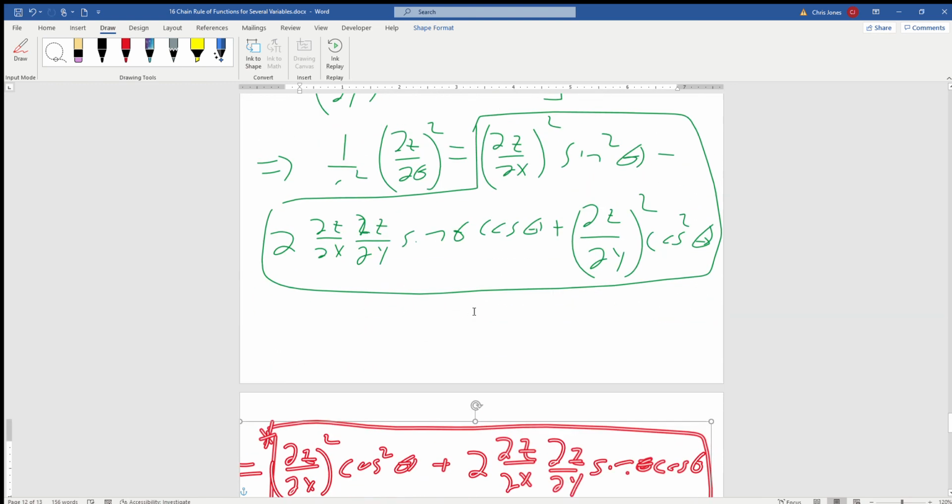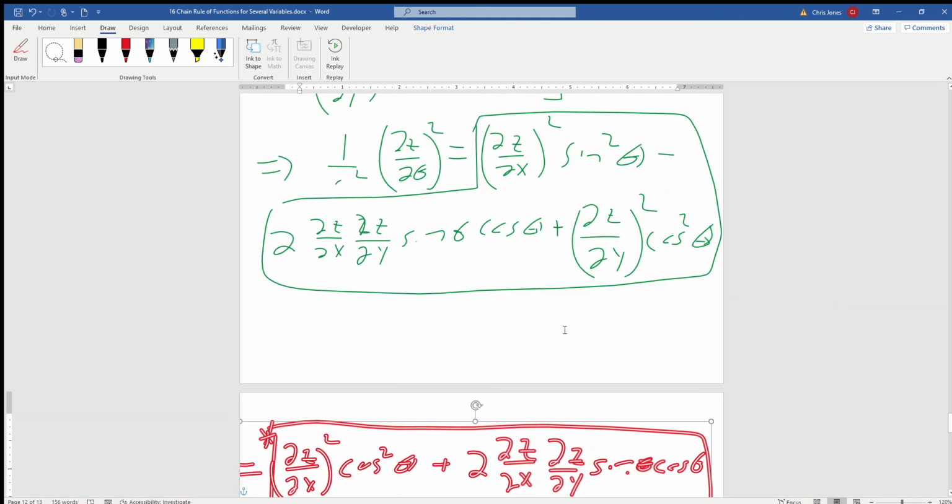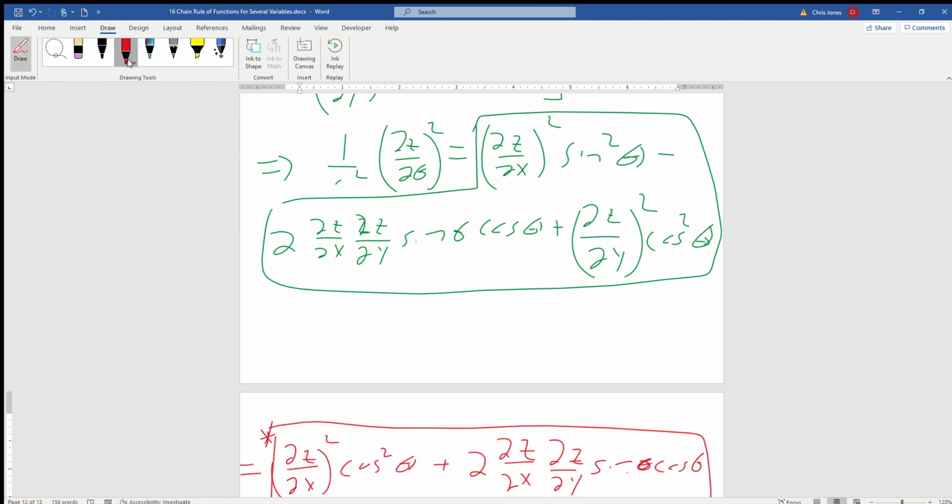So, I'll use one more color here so we can identify these like terms. Now we have a partial z partial x squared sine square theta and a partial z partial x squared cos square theta.